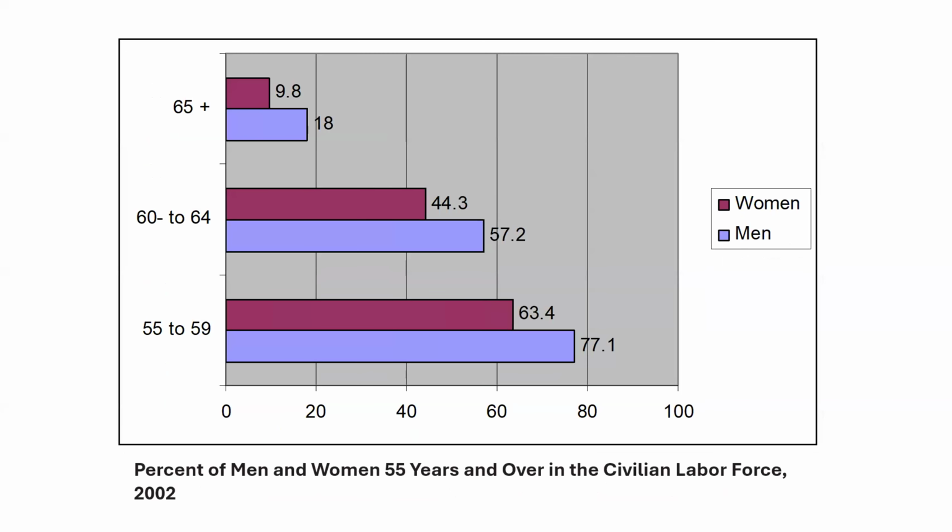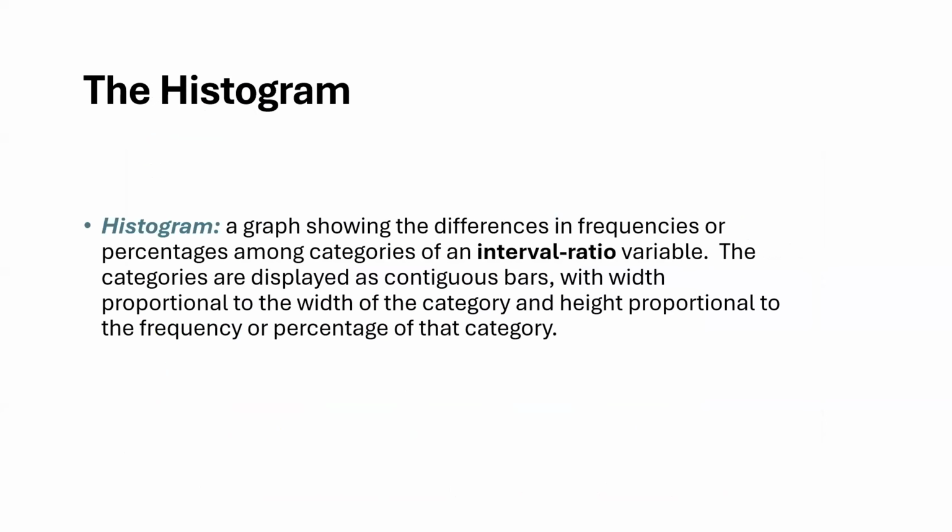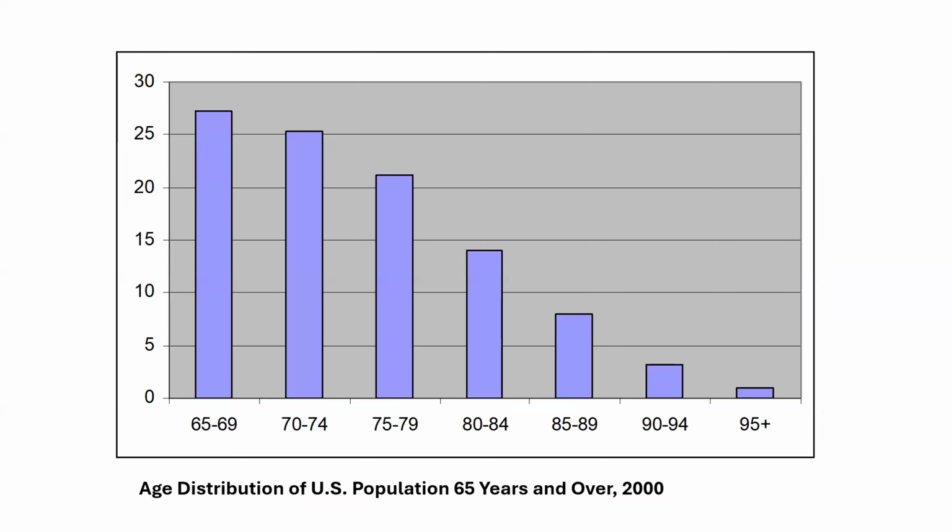Similar kind of graph, just a different view. The histogram that we saw in the last class basically shows the frequency of an interval ratio variable. It'll look like this: age distribution of US population 65 years and over. Between 65 to 69, how many people are there? This is basically telling you the frequency.